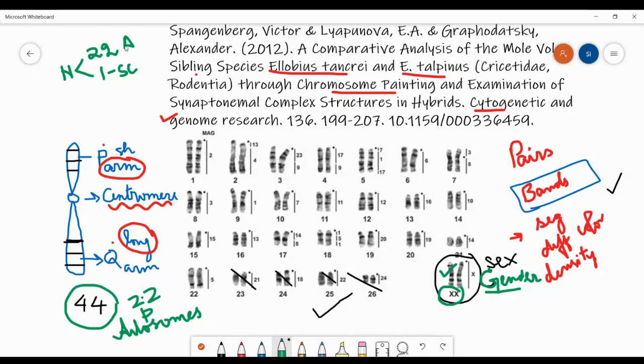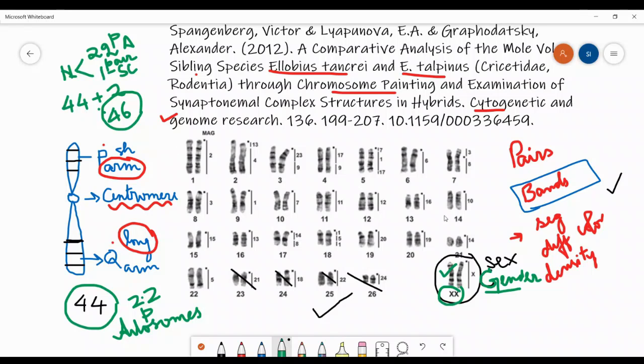So these are 22 pairs, so there we have 44, plus here one pair, so plus 2, we have in humans a total of 46 chromosomes. So these are very basic things which we must be very, very thorough in our study of genetics.